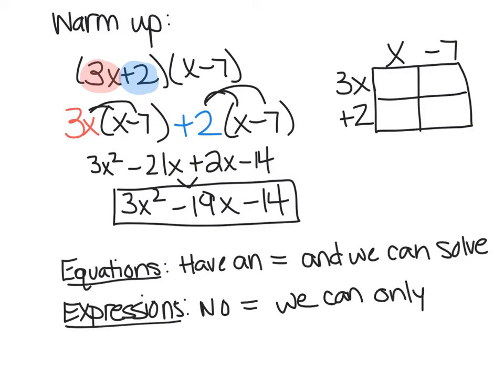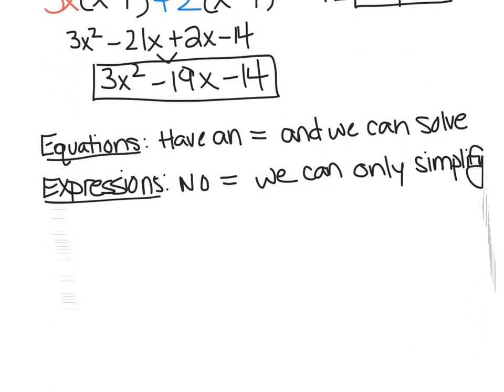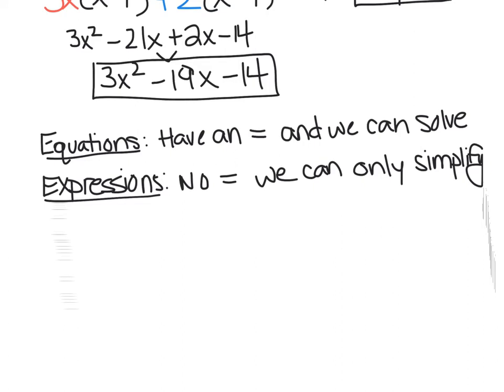You can only simplify it, combine like terms, that kind of a thing. You cannot solve for x. So if you don't have an equation to start and you end up with x equals, you were just trying to solve an expression. So you can only actually solve things that have an equal sign.